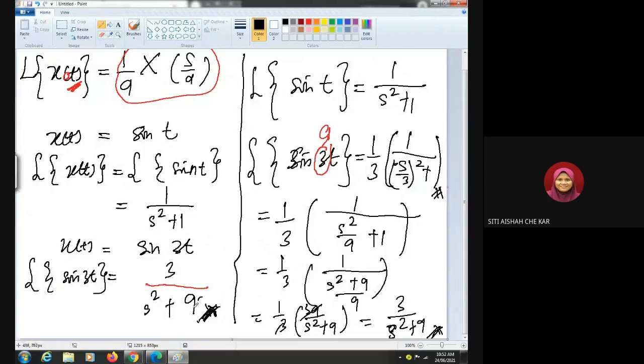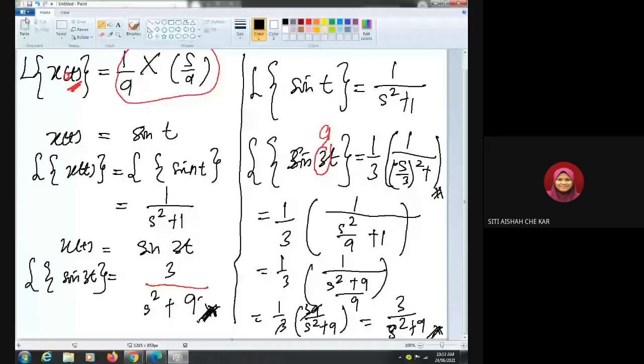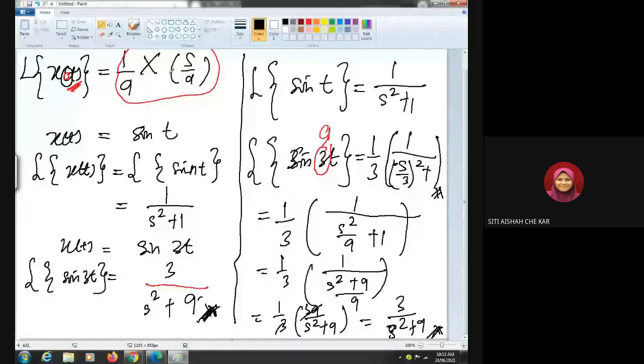But what I'm trying to highlight here is what this property means, so that you understand the concept. So first you have to find the original Laplace without the scalar A, and whenever you find the s in the Laplace transform, you have to divide by A and multiply by 1 over A.